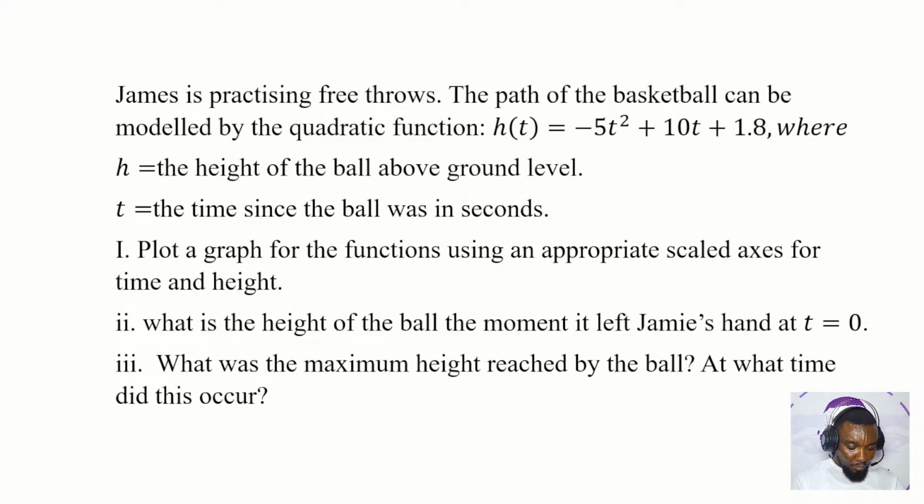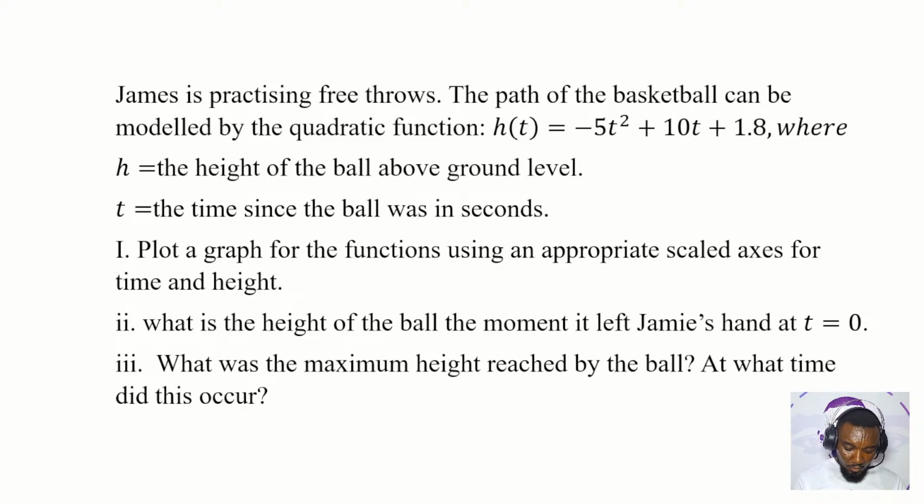So that is the function. Where h is the height of the ball above ground level, and t is the time since the ball was thrown, in seconds. So the t represents the time, and our h represents the height of the ball.